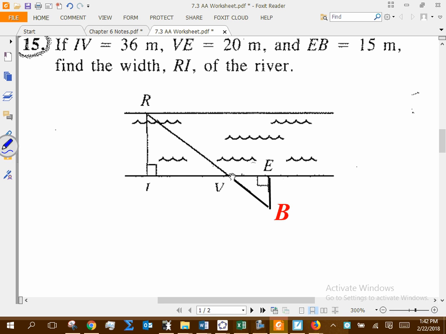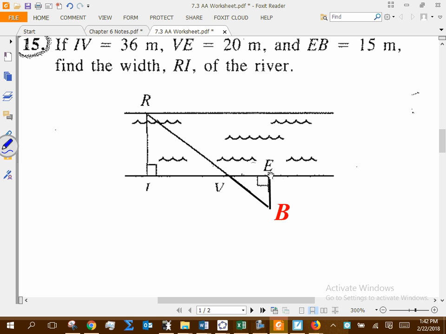You then walk another arbitrary distance from V to E. Does not matter that distance. Here they say it's 20 meters. Again it could be as big as you want, as small as you want. And then you're going to record that data, and at that E you're going to put another marker down, drop a stone, whatever. Then you're going to face the river again.